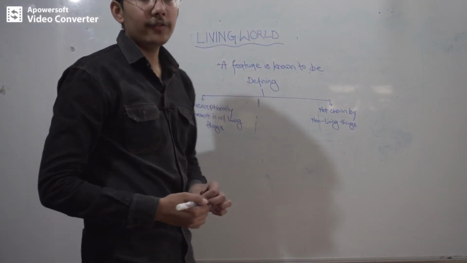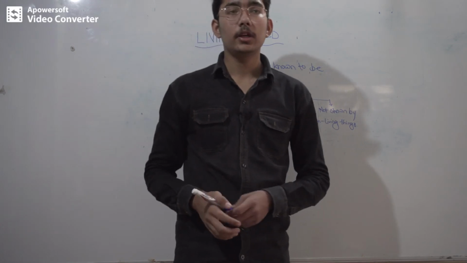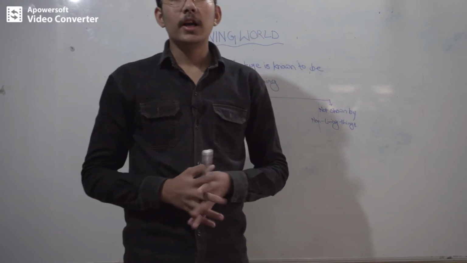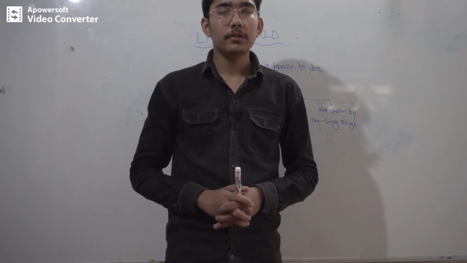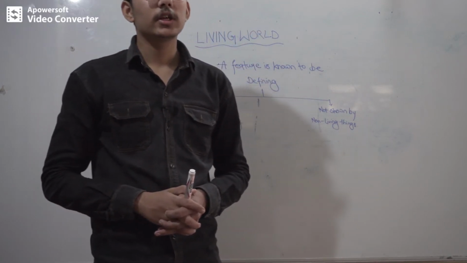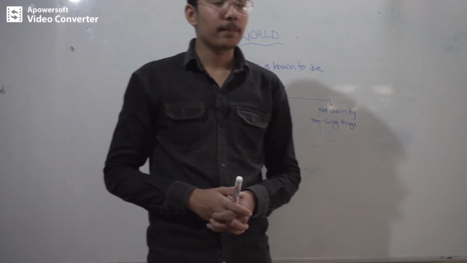When any feature is unexceptionally or widely shown by living beings and it is not shown by non-living things, then we can say that a feature is known to be defining.